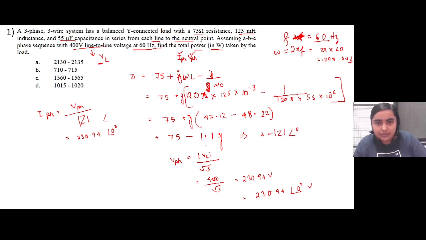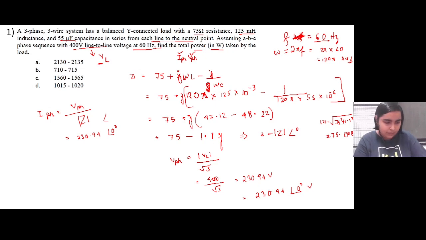So let us calculate the magnitude of this. The magnitude of Z will be the square root of R square plus XL minus XC whole square. So it will be 75 square plus 1.1 square, something around 75.008, which is nothing but 75.